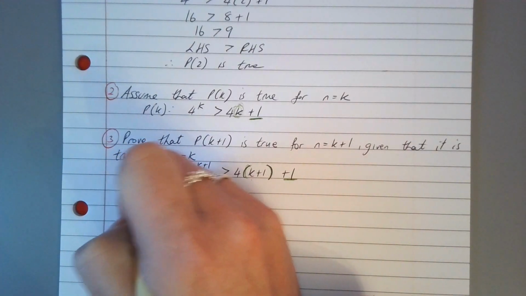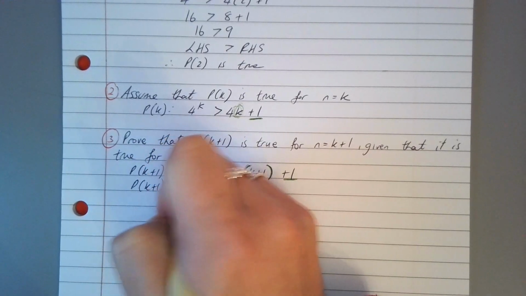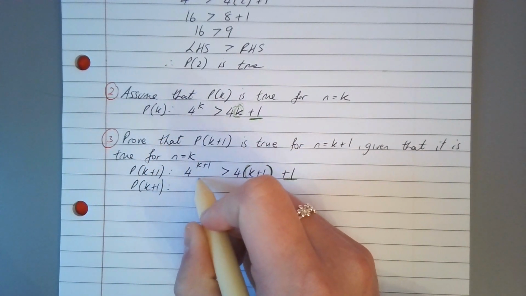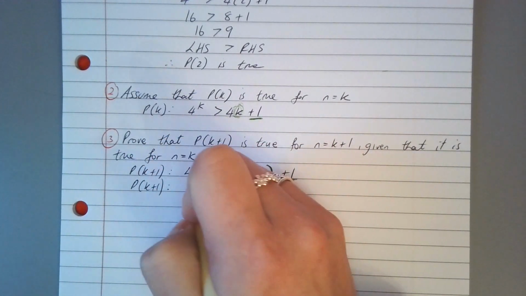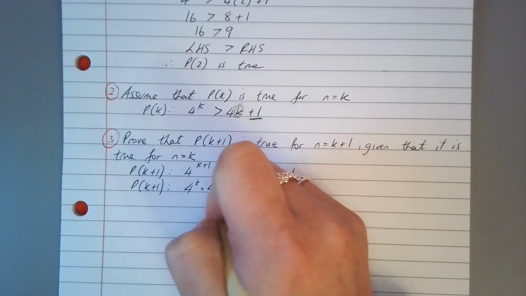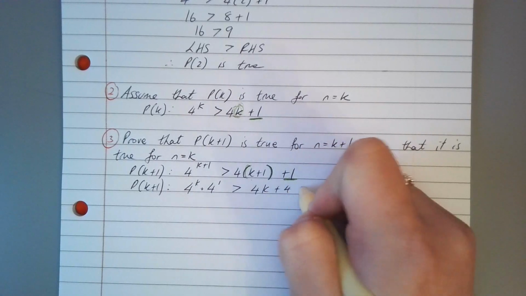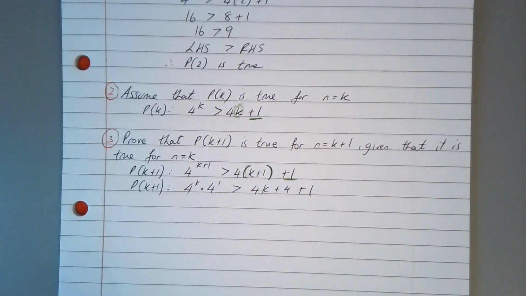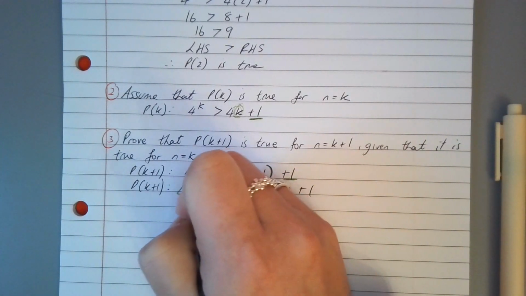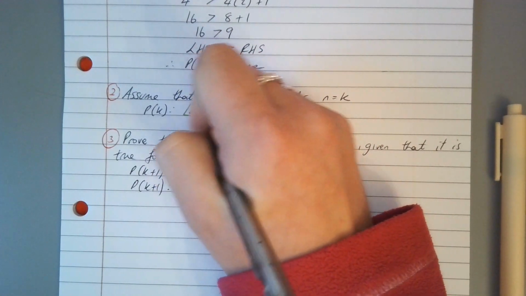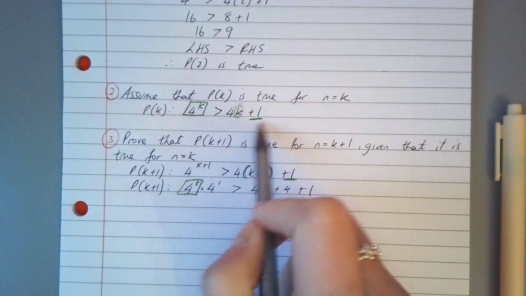So proposition k plus 1 is, we'll actually split this as well while we're at it, we'll split our indices. So 4 to the power of k times 4 to the power of 1 greater than 4k plus 4 plus 1. Okay, and we know then from earlier that 4 to the power of k is the same as our step 2, 4 to the power of k, and we're going to sub in this entire side here.